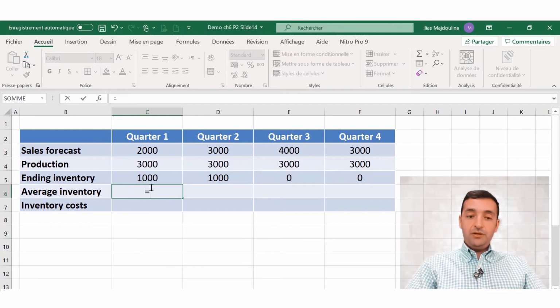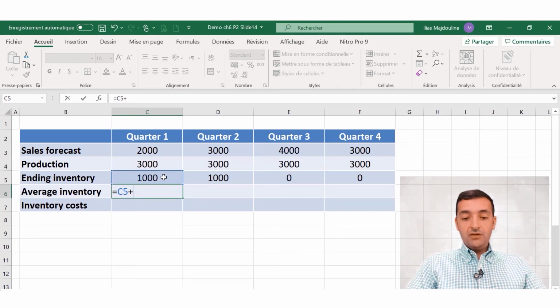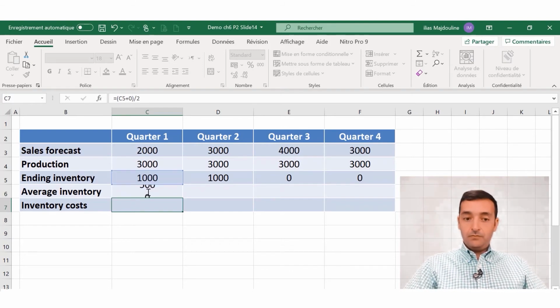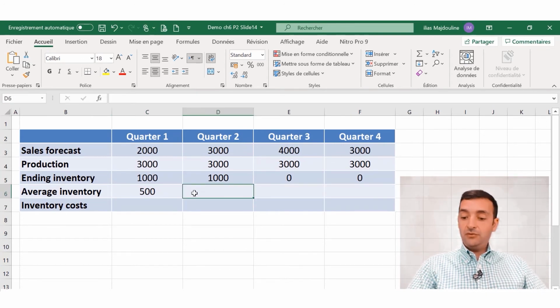So here it will be this value, the ending inventory, plus the previous ending inventory, which is 0, and the total should be divided by 2 periods. The average inventory for quarter 1 is 500 units.